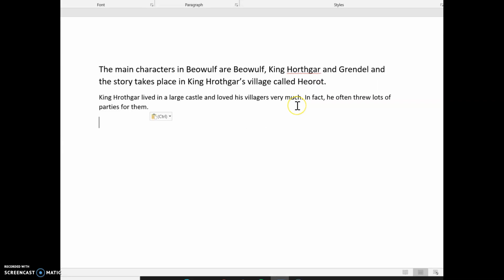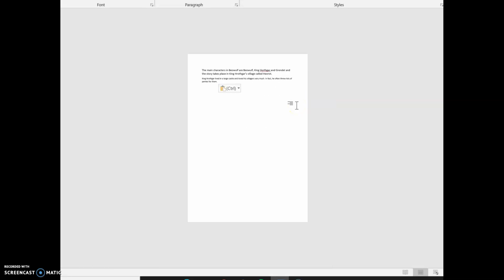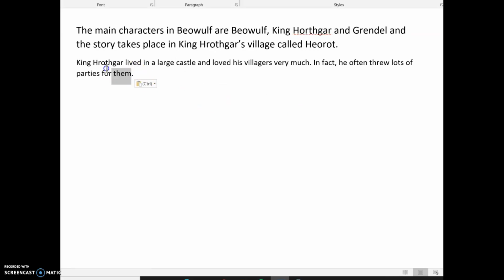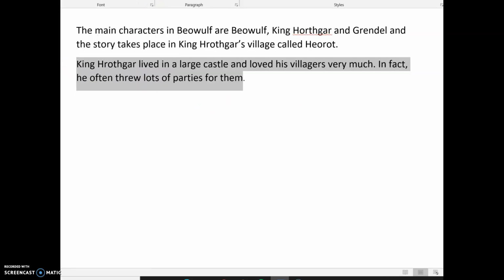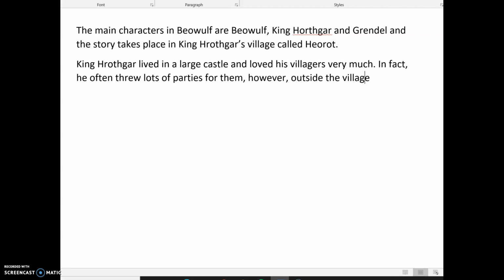Okay, so I've got King Hrothgar lived in a large castle and loved his villagers very much. In fact, he often threw lots of parties for them. However, outside the village there lived a monster. And that's all I need to know for my beginning.